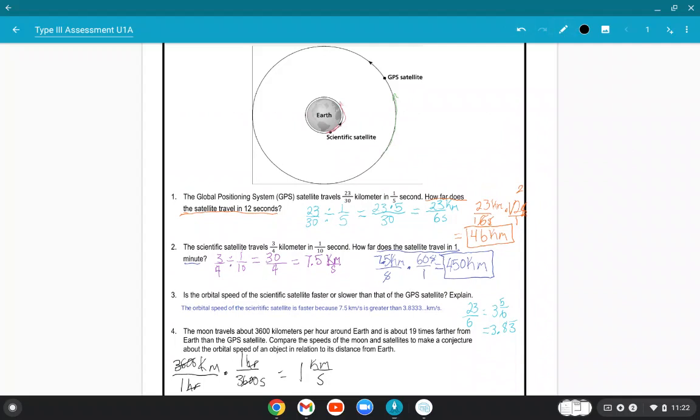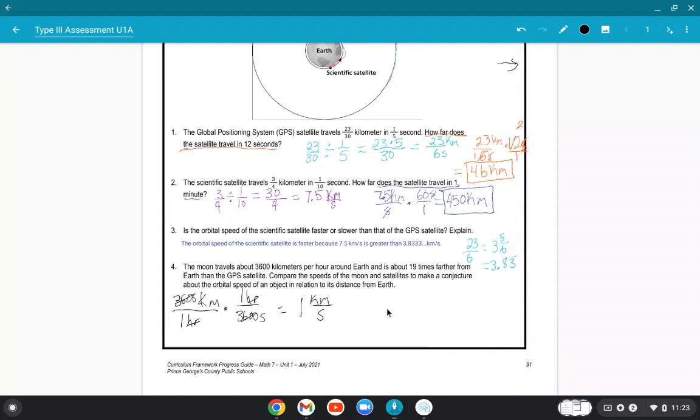And it had the higher speed, as we talked about in number 3. The GPS satellite is the next closest. And then the moon is like 19 times farther. We're talking about the moon is all the way off the page somewhere. And as we get farther from the Earth, the speed gets slower. Okay? So this is your conjecture.